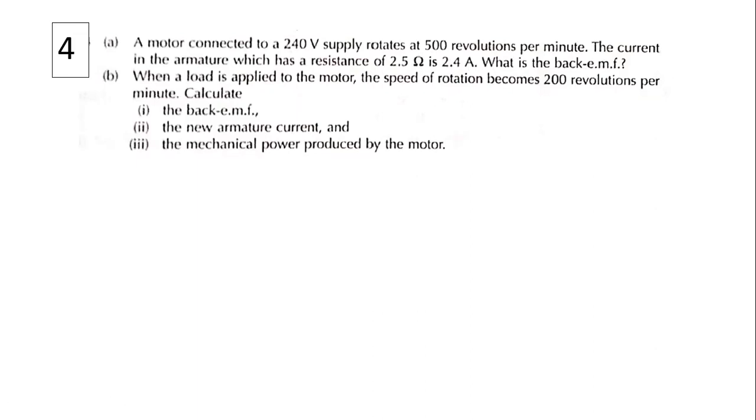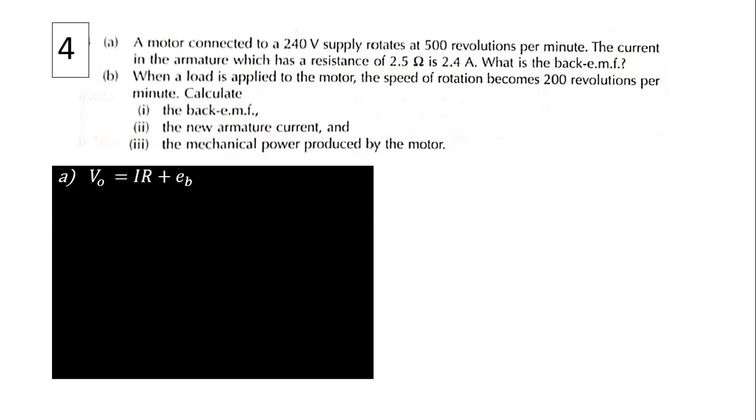E back equals V minus IR. The supply voltage V naught is equal to I times R plus E back. So E back is V naught minus IR. Put in your values, 240 volt, and then I is 2.4, R is 2.5, then you get 234 volt.